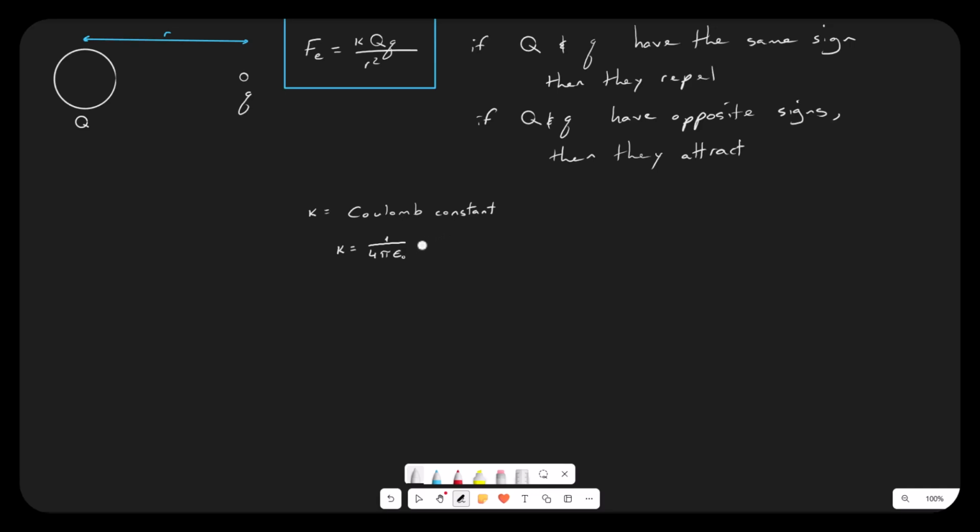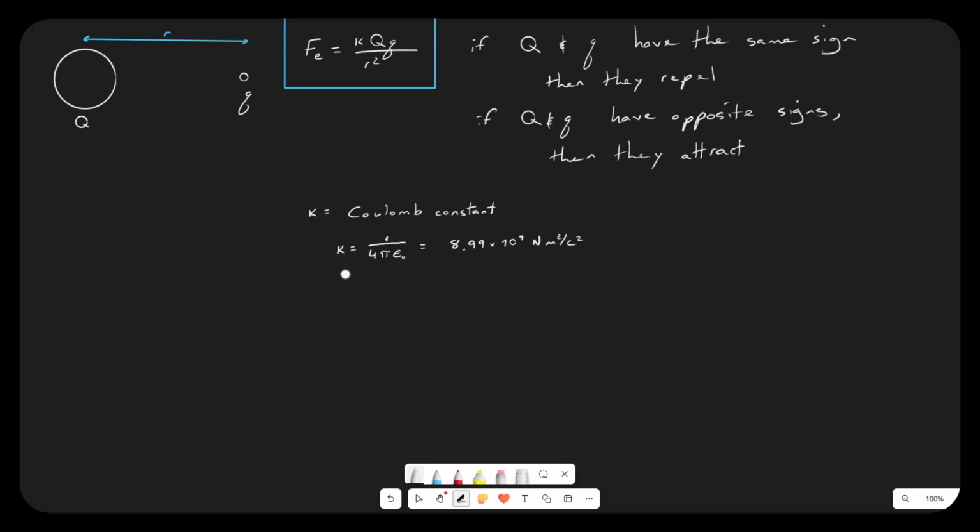It has a value of 8.99 times 10 to the 9th newton meter squared per coulomb squared, which we usually just say is 9 times 10 to the 9th.